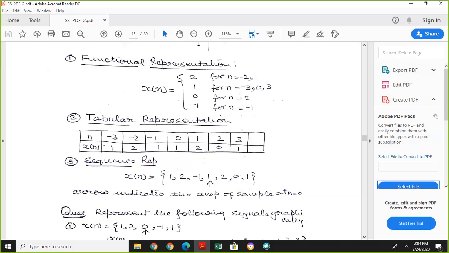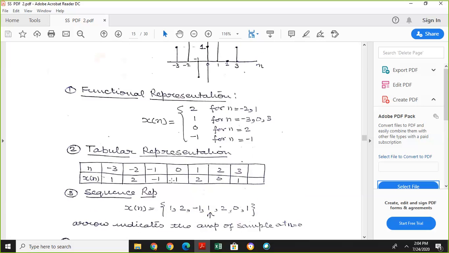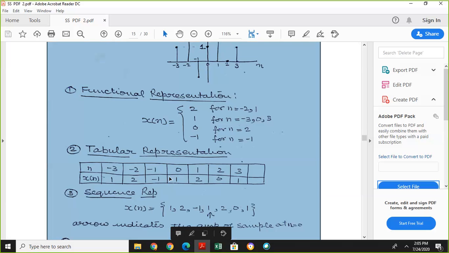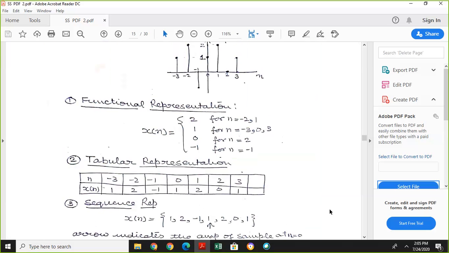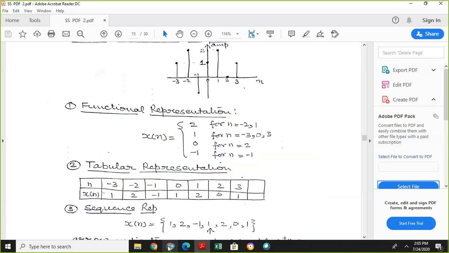X of n is written as 1, 2, -1, 1, 2, 0, 1. These are the amplitudes of x of n. Here one value of x of n is 2, -1, 1, 2 and 0, the amplitude is 0, and the next one is 1.